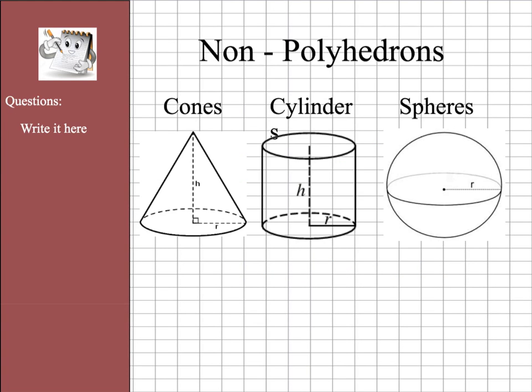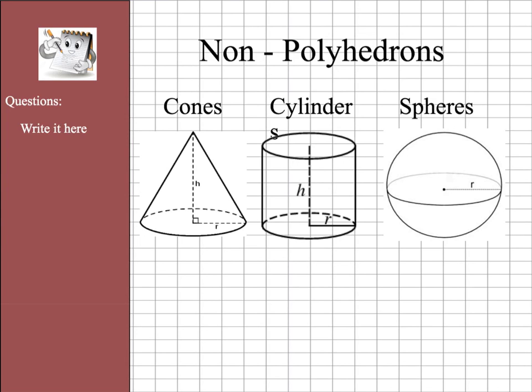Alright, so let's talk about the shapes that are not polyhedrons that we're going to focus on. The three non-polyhedrons are cones, cylinders, and spheres. Okay. So I'm going to label, I wrote these in there on your guys' notes. You're here in class, so I'm going to label these.